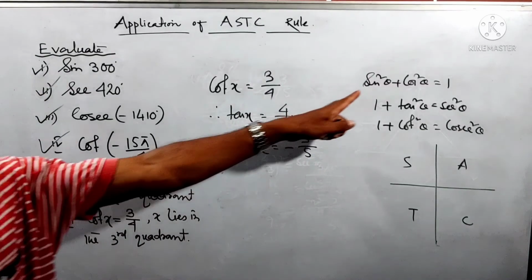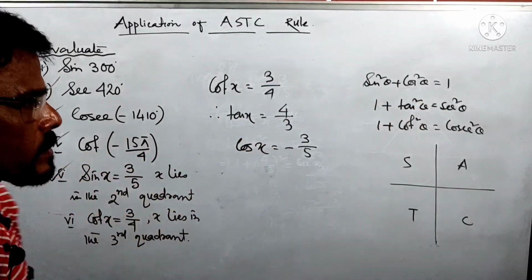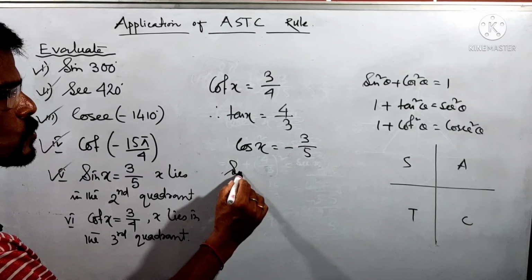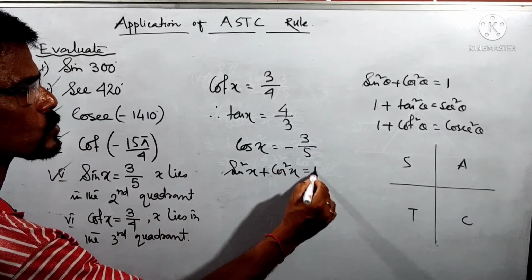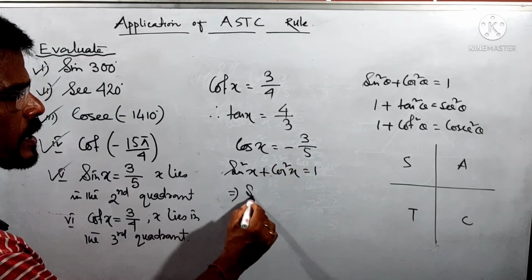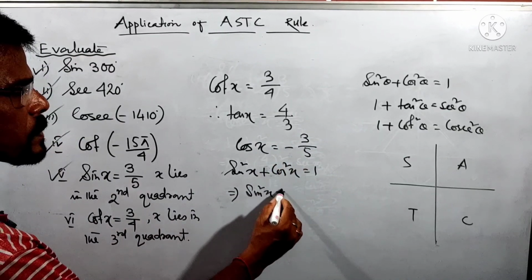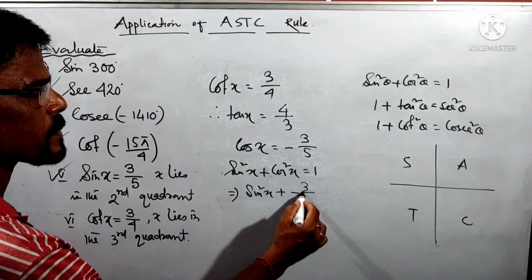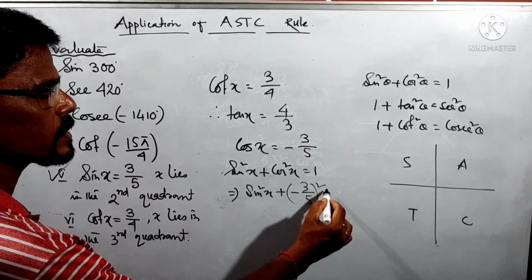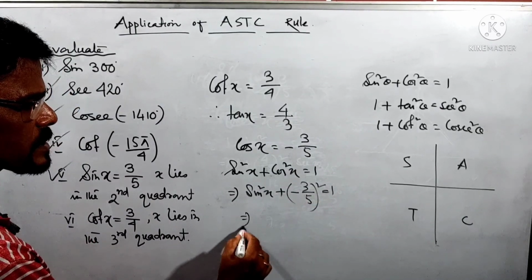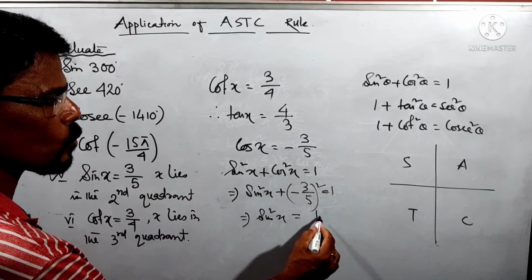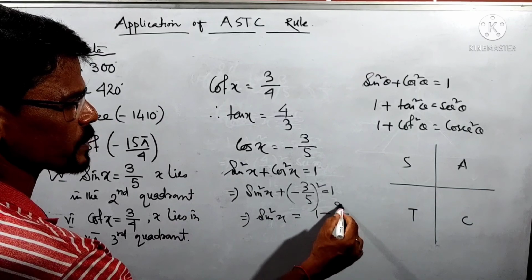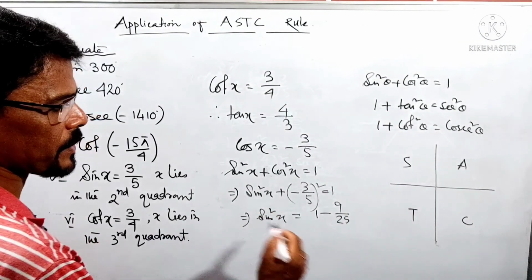Another relation, sin square theta plus cos square theta equal to 1. So applying this relation, sin square x plus cos square x equal to 1. Putting the value here, sin square x plus minus 3 by 5 whole square equal to 1. This implies sin square x equal to 1 minus 9 by 25.